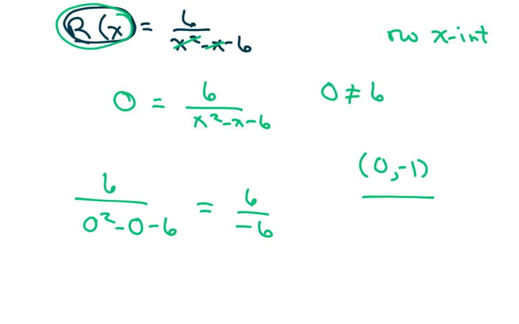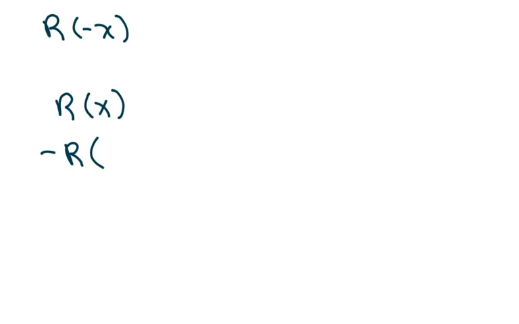We're going to test for symmetry. So we're going to input negative x and see if we get r of x, which would be symmetric to the y-axis, or negative r of x. If that's the case, then it's going to be symmetric to the origin.